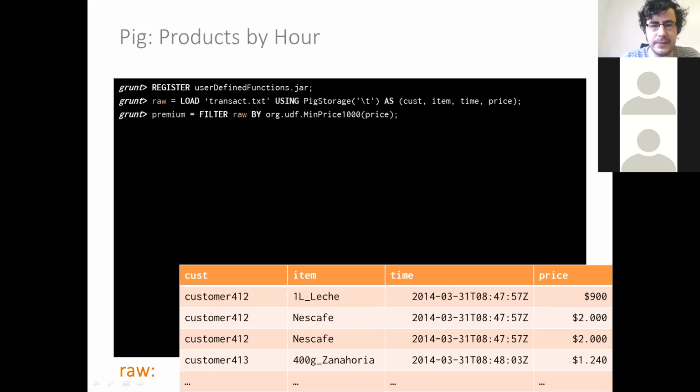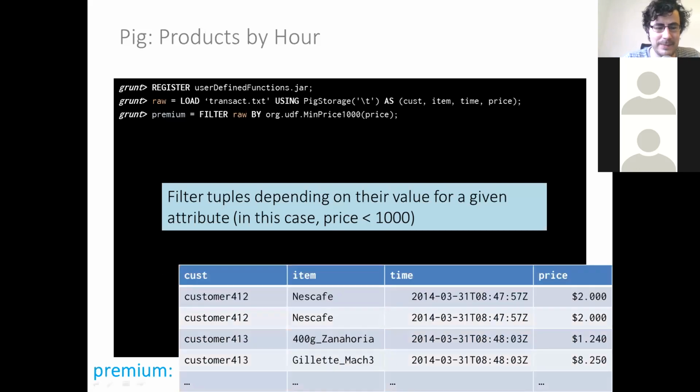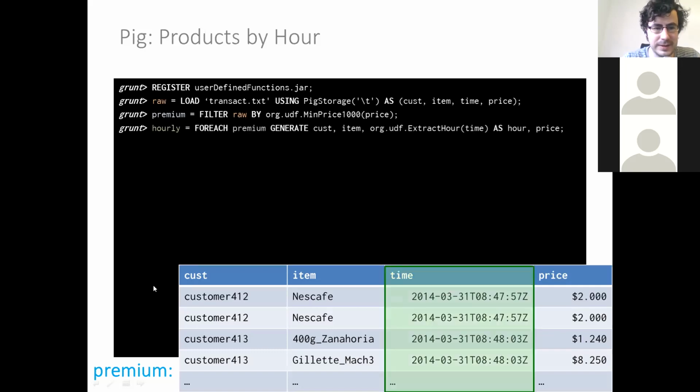But in this case, for the example, we'll just say that we're going to use a user-defined function to select those values that have the price of at least 1,000, which means that we're going to get rid of the first item here. By the way, I have no idea if these prices reflect reality or not. But anyway, we're going to remove this first item here because it doesn't match the condition. And okay, so now we have a new relation, streaming virtual relation, let's say.